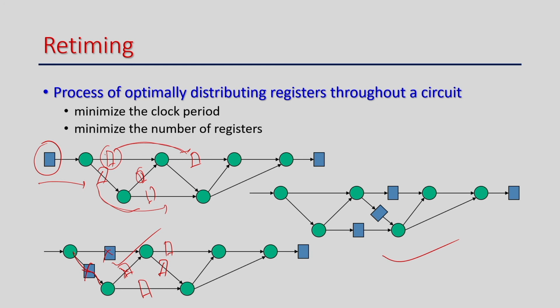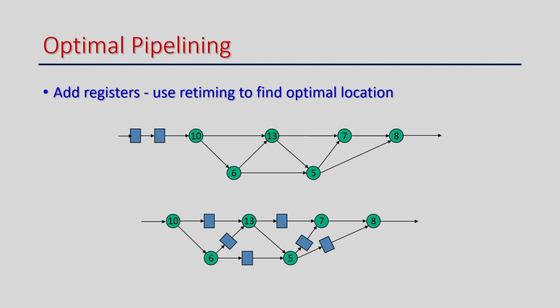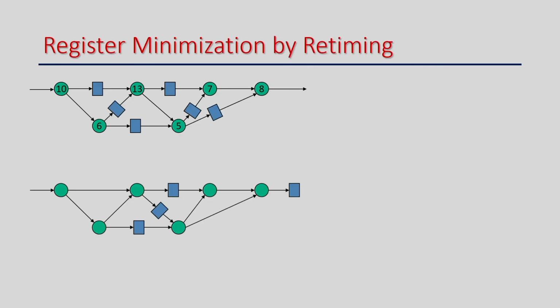Okay. So retiming can also be used for reducing the number of registers, because if all computational paths are already meeting the target clock, but I want to reduce the number of registers, that is also possible.